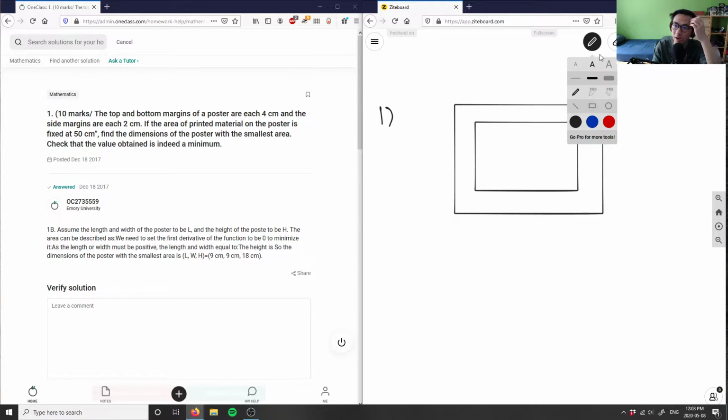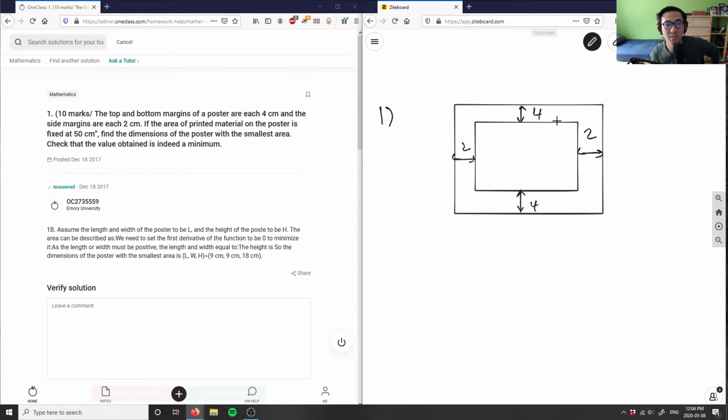We have top and bottom margins here; this is 4 centimeters, and this guy here is also 4 centimeters. The side margins are 2 centimeters, so this is 2, and this here is 2 as well. I'll write here that it's centimeters.